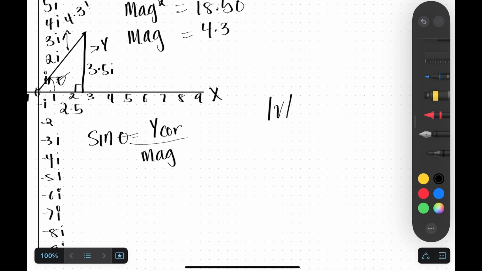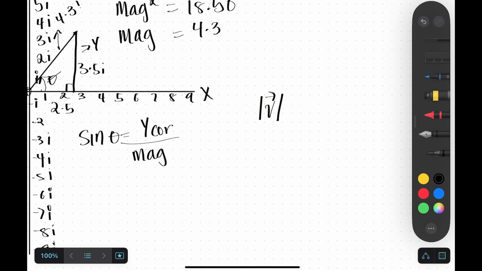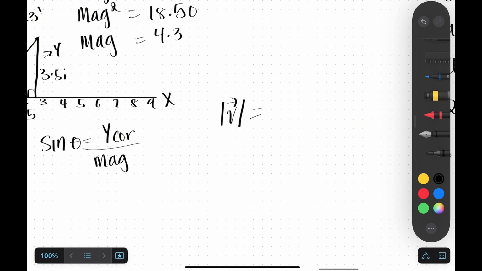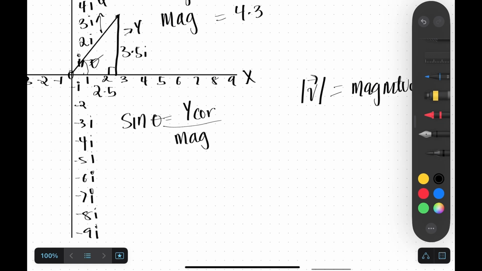This absolute value symbol is used to denote the magnitude of the vector v inside it. And the arrow on top of v tells us that v itself is a vector. We have that the magnitude times the sine of theta is y.